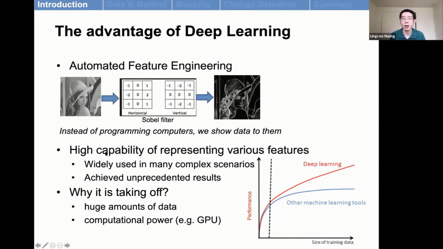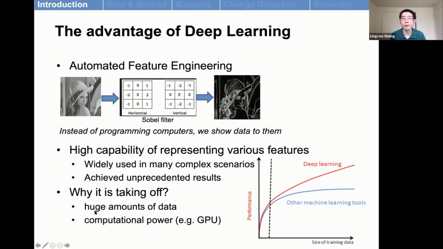I think most of you have already heard of deep learning on many occasions, and this technology has been widely used in many complex scenarios and achieved unprecedented results. From the literature and other lectures, I think deep learning took off because of two factors. One, now people have more data. This is one thing that deep learning benefits from.